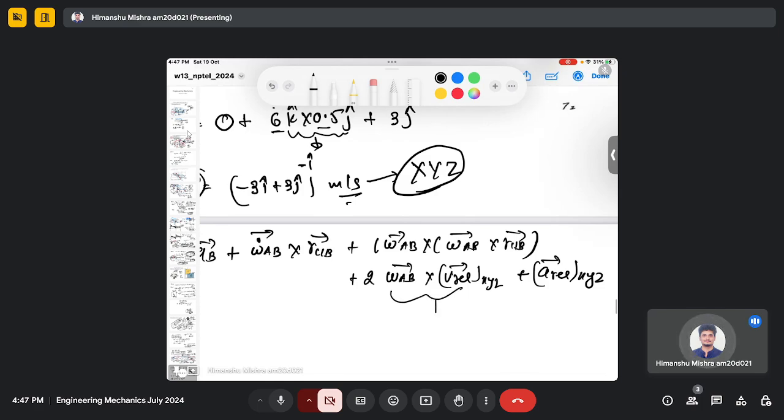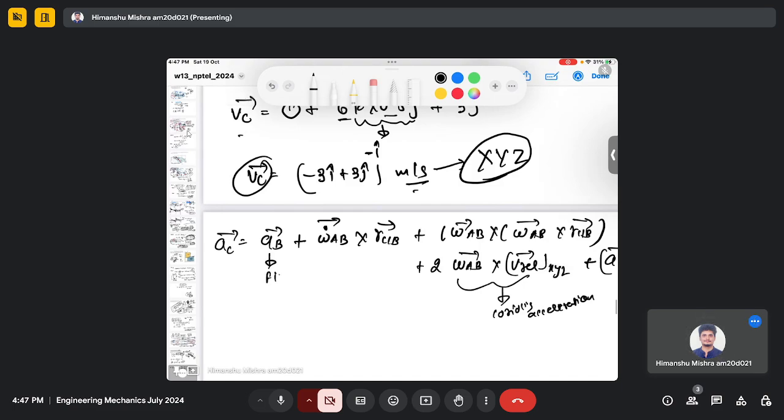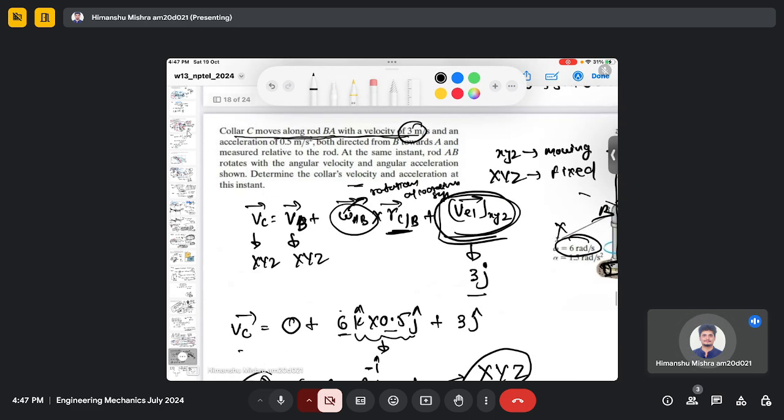So this is the Coriolis acceleration which occurs in the rotating frame of reference only, and this is the relative acceleration in the rotating frame, and this is in the fixed frame. This is also in the fixed frame, right? So the relative velocity and relative acceleration we have given in the question.